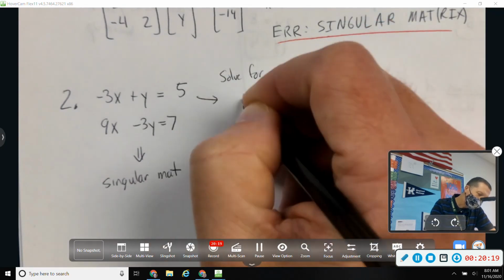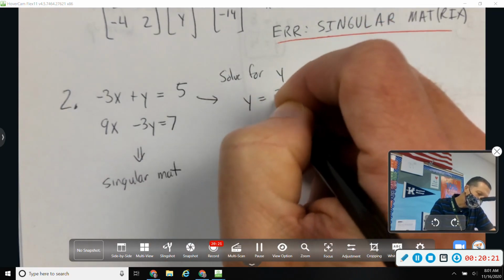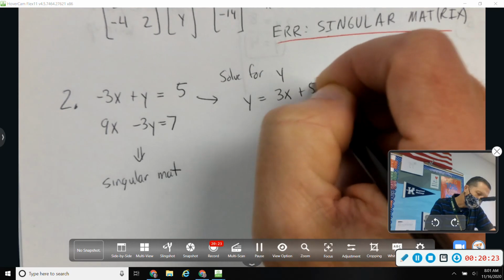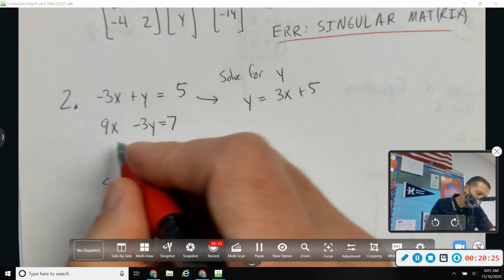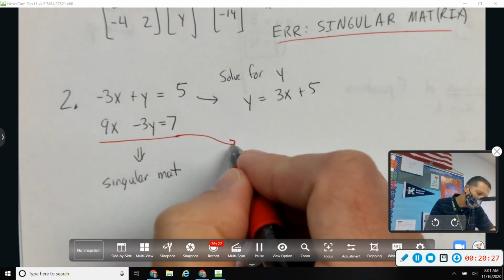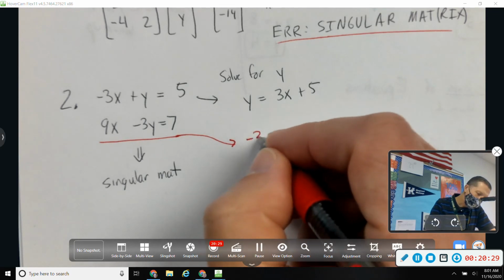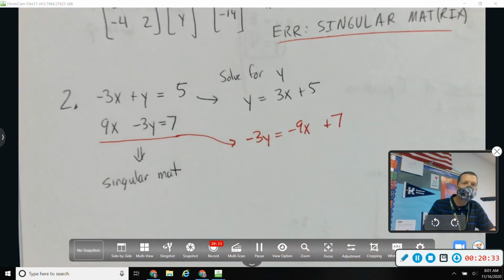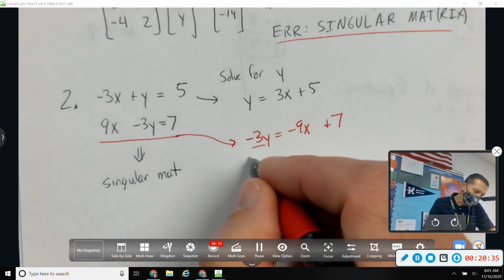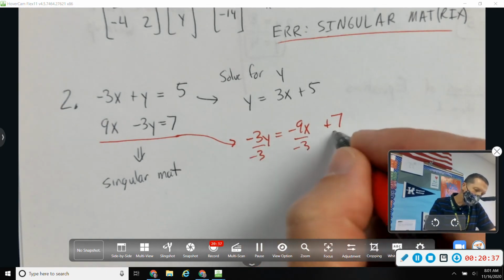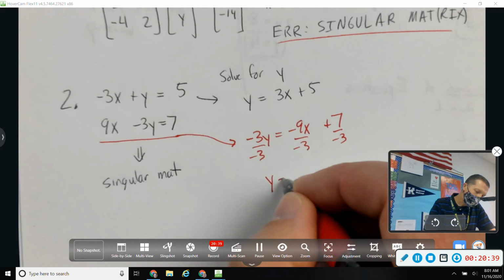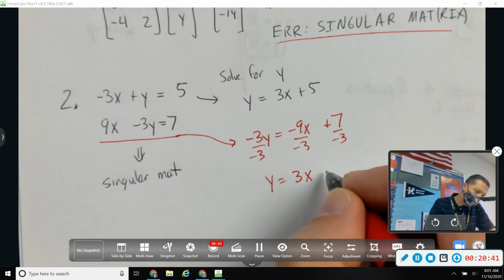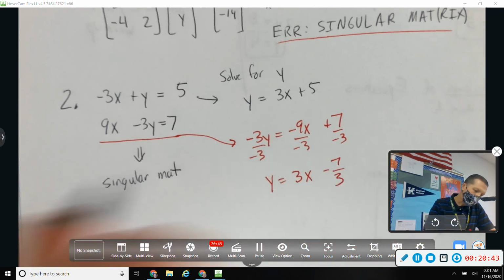So that top one's easy. Y equals 3x plus 5. This one, negative 3y equals negative 9x plus 7. Divide by negative 3. Y equals 3x minus 7/3.